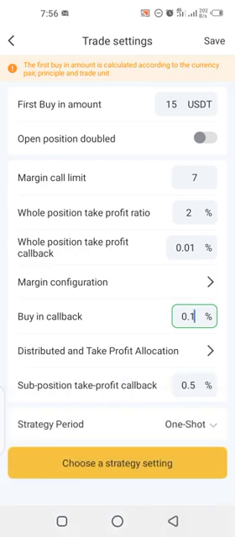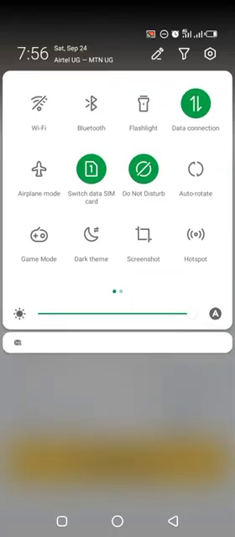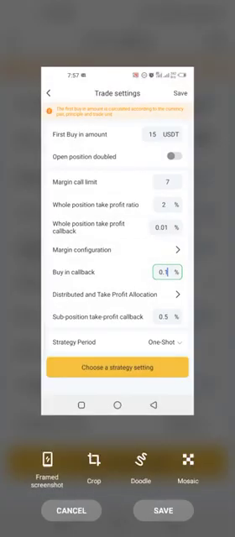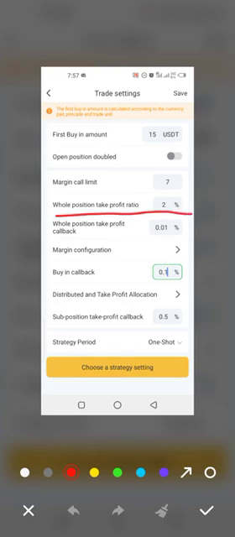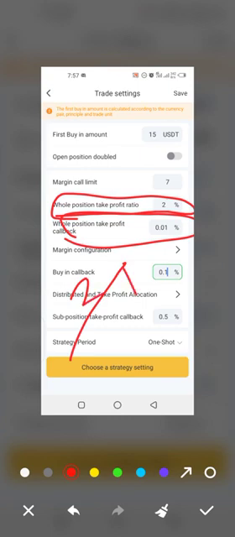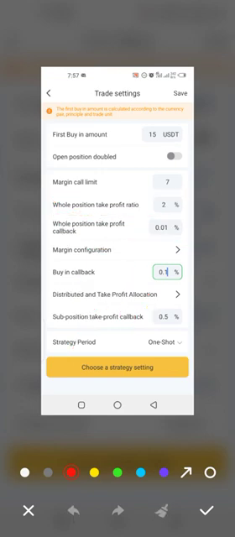Then remember, the whole position take profit ratio, which is this one, is what you measured. The callback is that when the market rises by 2% and it goes down by 0.01, your robot should sell. When you put a 0, it means that when the market rises by 2%, immediately it sells. All right.